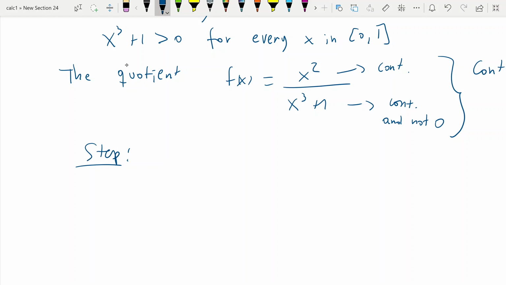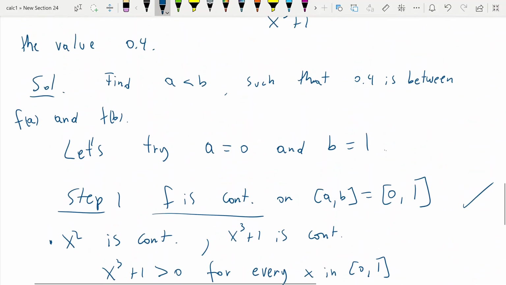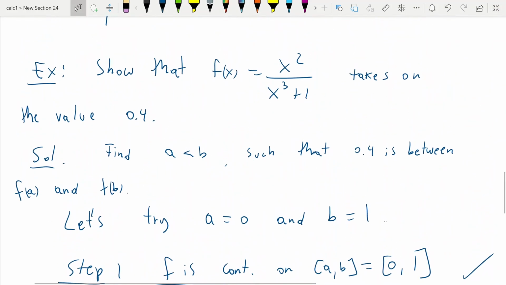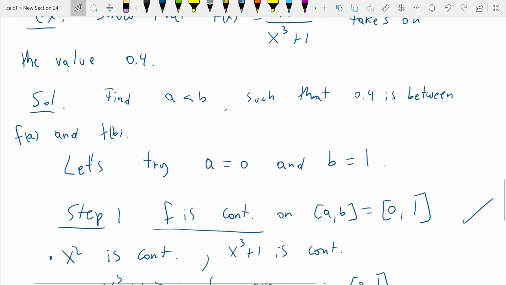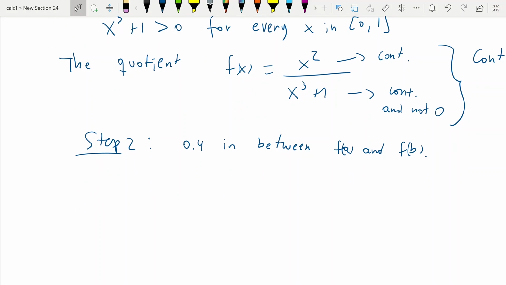Step 2 will be to guarantee that 0.4 is in between f of a and f of b. Is this the case? Well, yes.